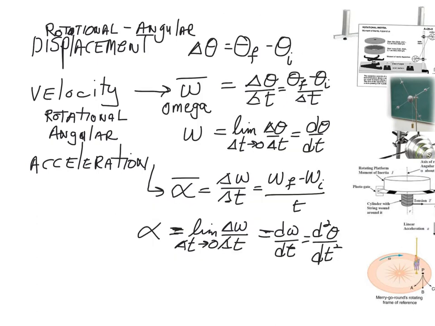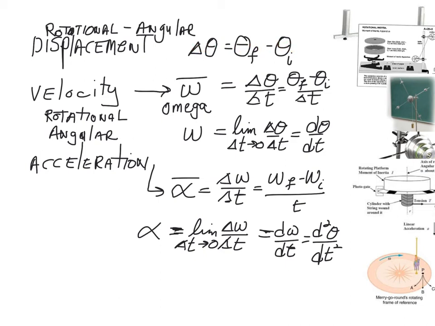Okay, so from there it's a short step, I think, to defining rotational or angular velocity and rotational angular acceleration. And you'll see this parallels exactly what we did back in week 2 when we defined velocity and acceleration. So angular displacement is measured in rotations or radians, not usually degrees.